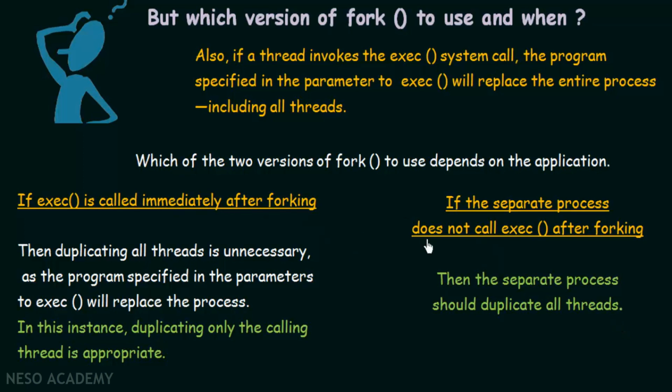If the first scenario arises, we duplicate only the thread that is invoking the fork system call. If the second scenario arises, where fork is not followed by any exec, then the new process created by fork should have all the threads in it. That is how we deal with the issues related to fork and exec in a multi-threaded approach.